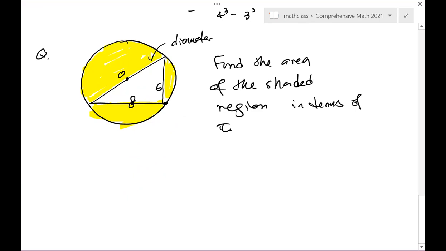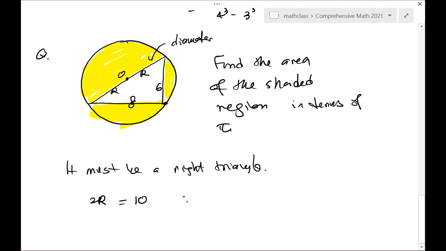Right. So you have to recognize that it must be a right triangle. Once you know this is a right triangle, then if this is radius r, the 2r is going to be equal to 10.